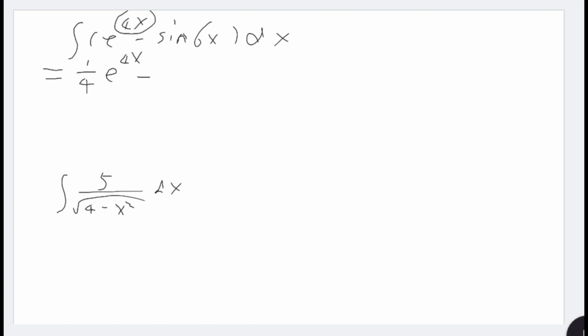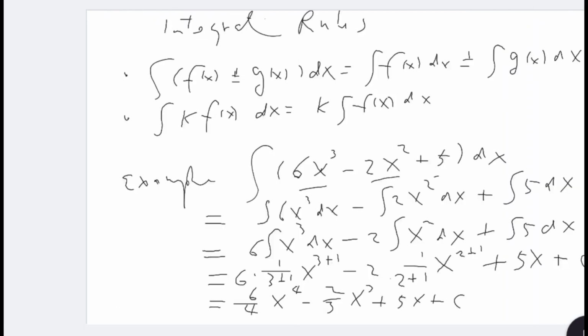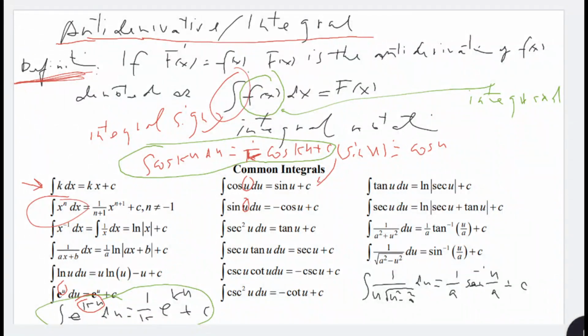Integral of sine, first integral of sine is a negative cosine, check out. Integral of sine is negative cosine. If you have a k times u instead of just u there, all you do is just have 1 over k in the front.